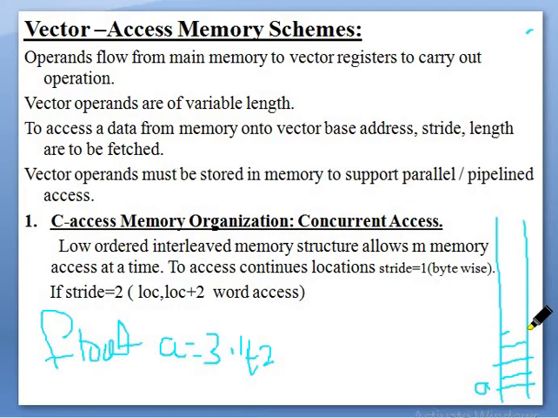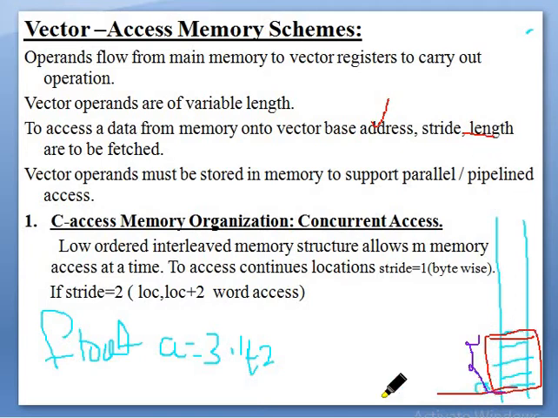As you all know, we need 4 locations to store float data. With respect to this access, A is the base address. Stride is how many locations I have to go every time, and length is how many locations I have to access to perform one successful fetch.